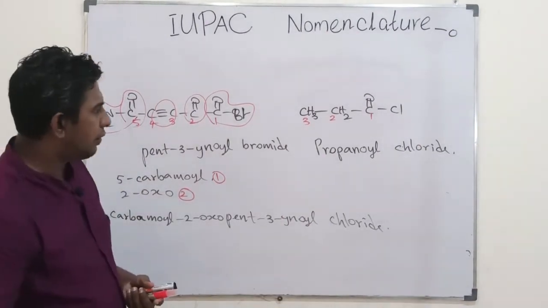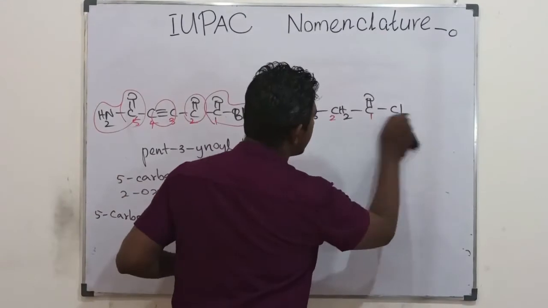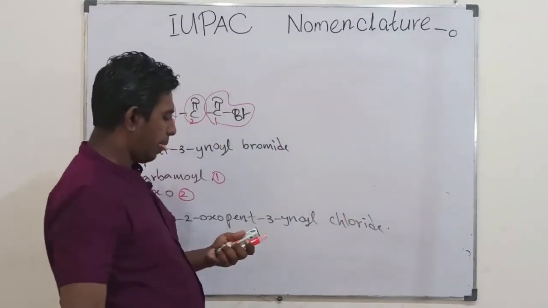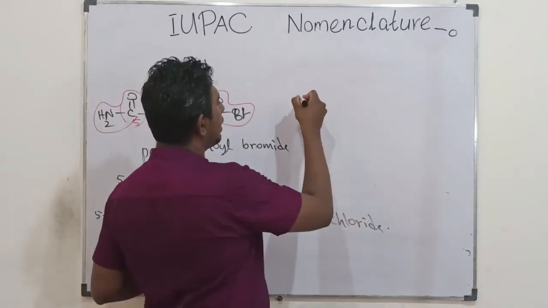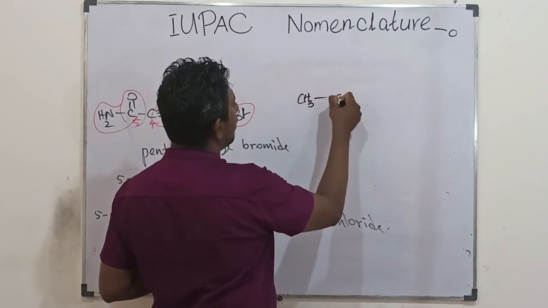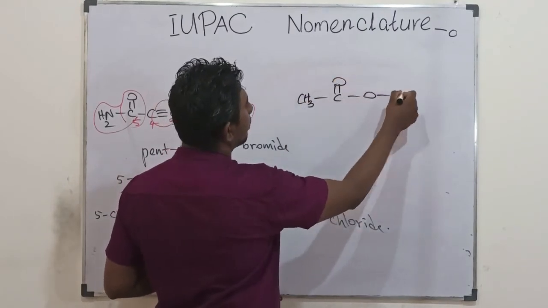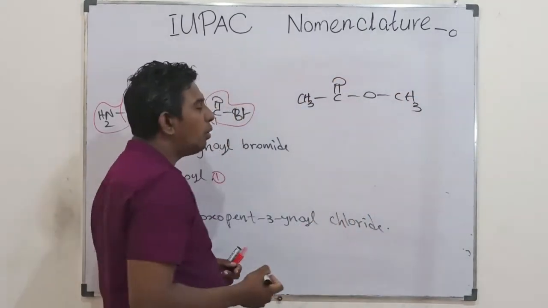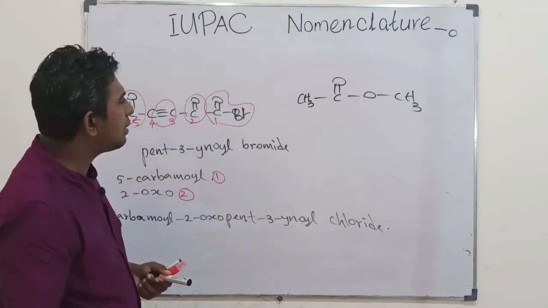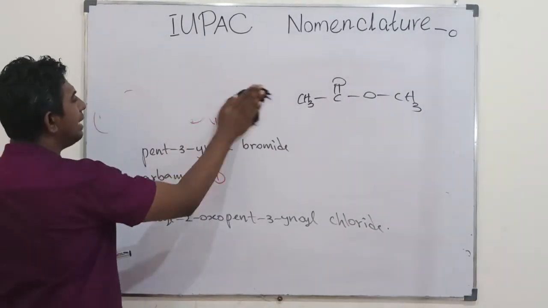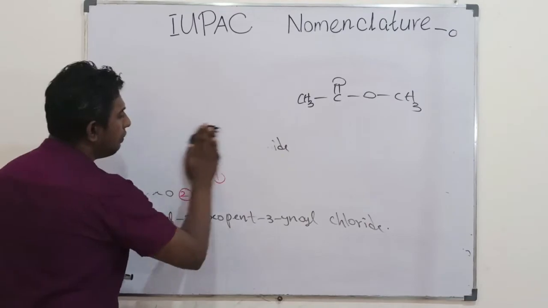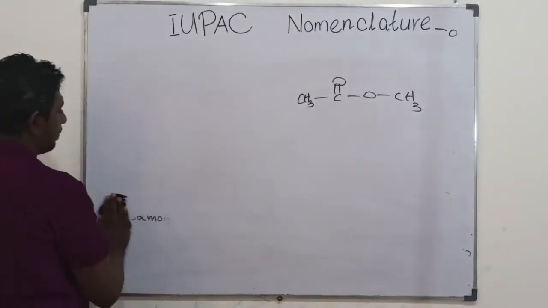So students, I will give you another example. When you have this kind of molecule, the functional group you have there is an ester. We call them esters.